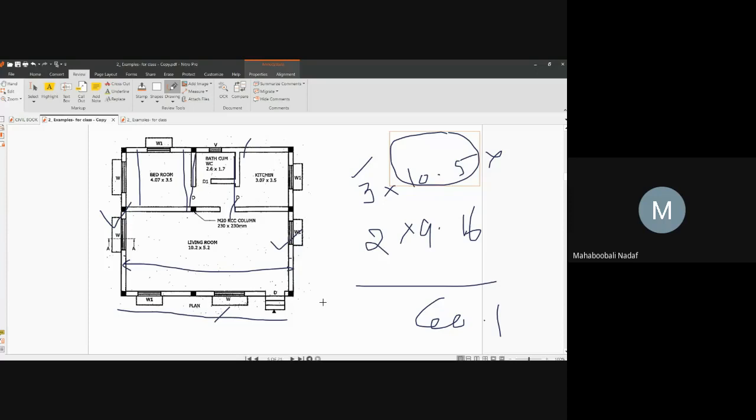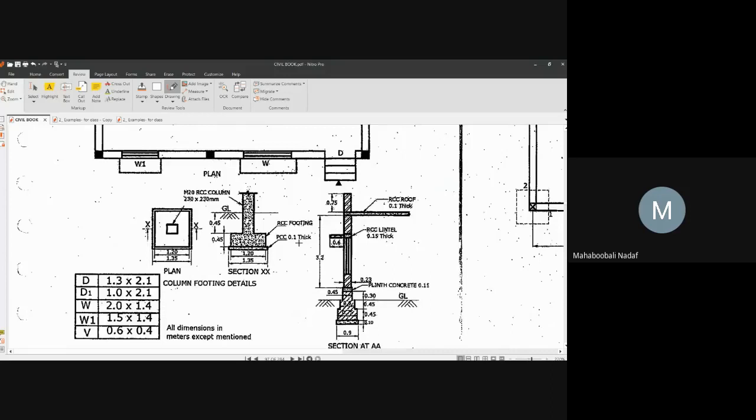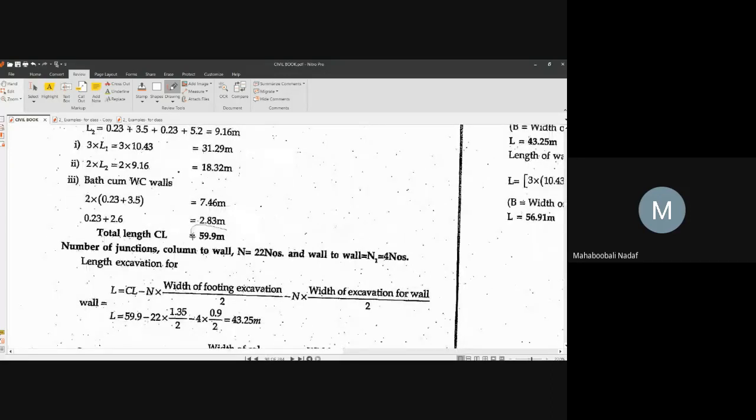So why have we written 10.5? Someone has told us, that is why we have written it. It is 10.43. Now by taking 10.43, do the calculation. How much is it? 59.9. That is the correct answer.